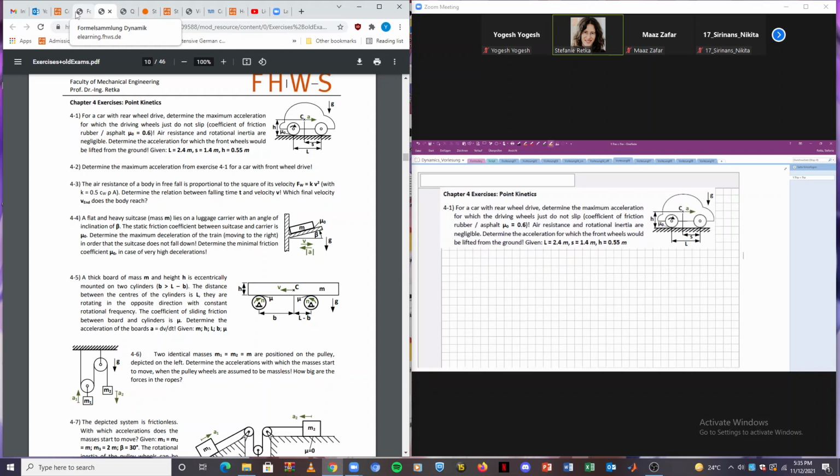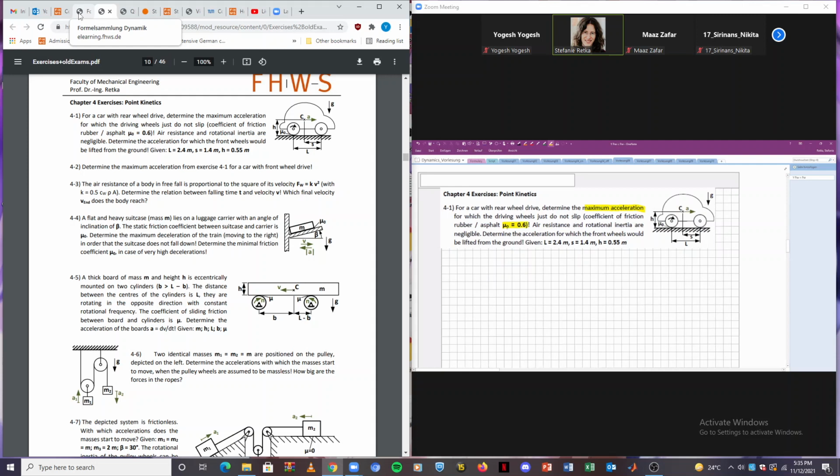In this example, we have a car given with a rear wheel drive, and we have to find the maximum acceleration in case that the driving wheel just does not slip. The coefficient of static friction is given with 0.6. So be careful with the coefficient of friction.